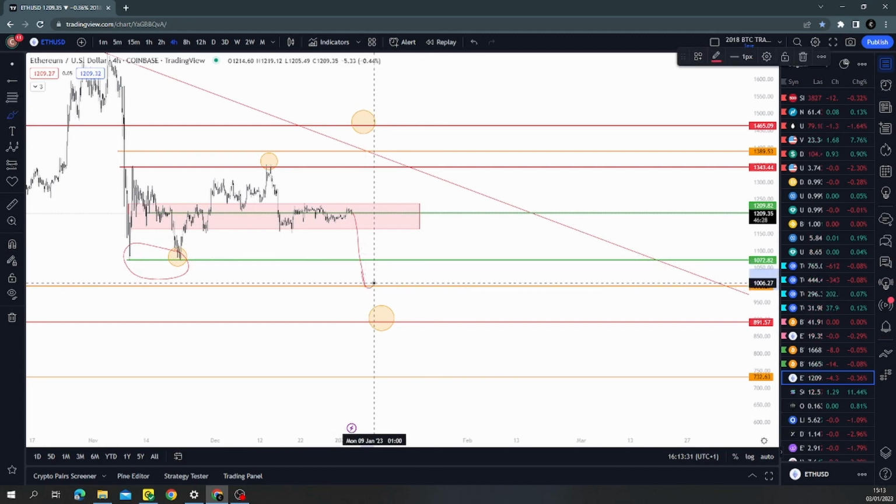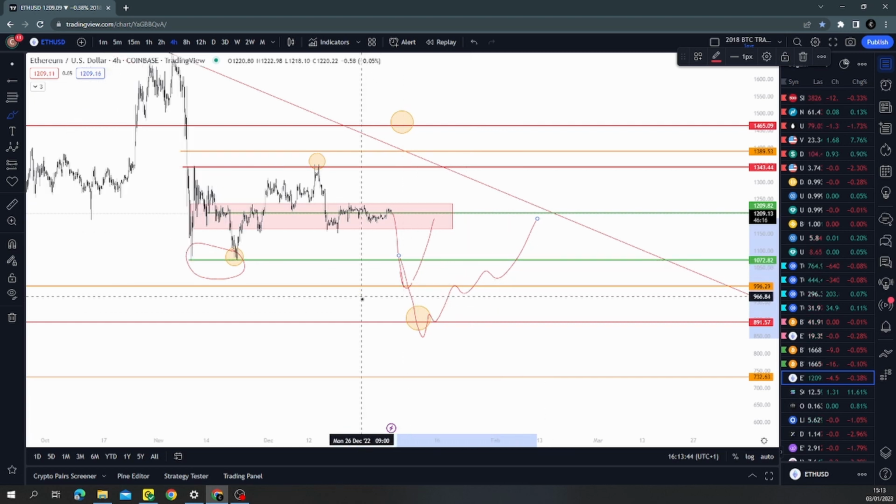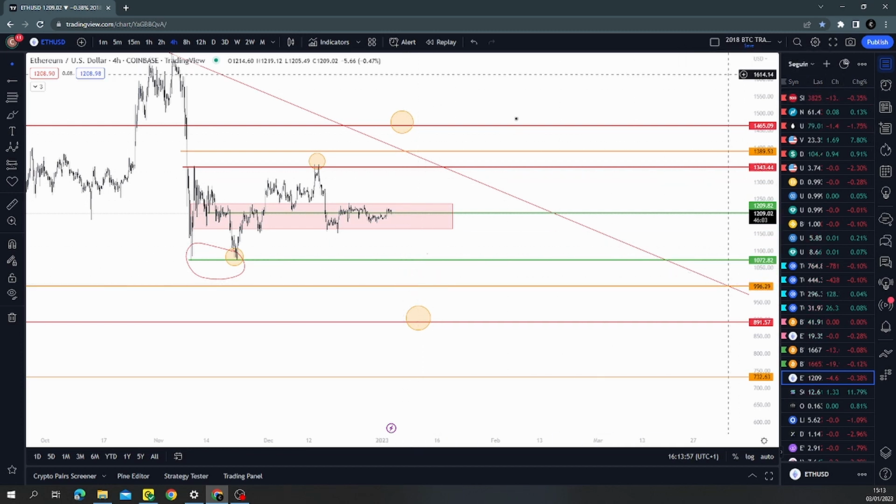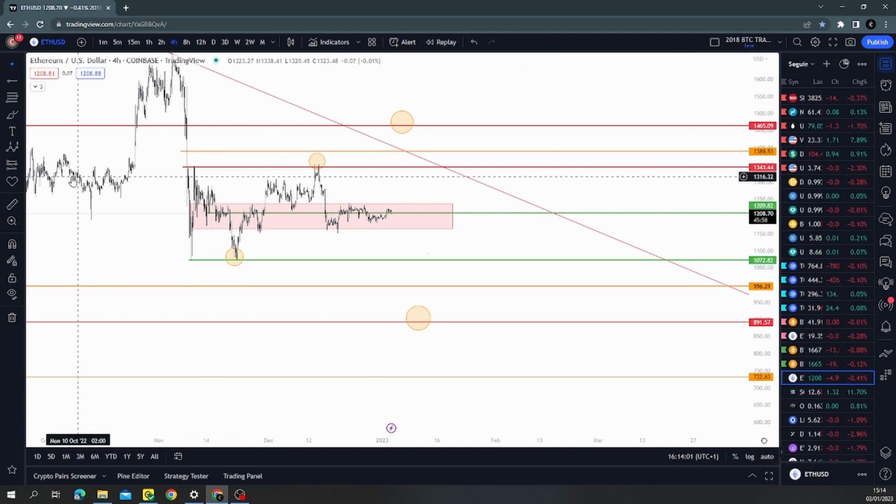It can bounce here and rip higher, or it can continue down, break again inside the range, test as a support, and continue to go up. Now we're gonna prepare our entry points for our long positions.